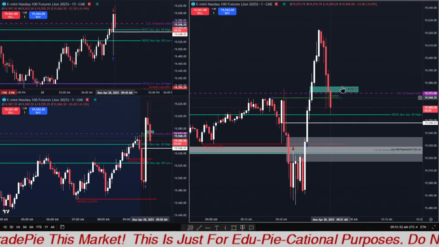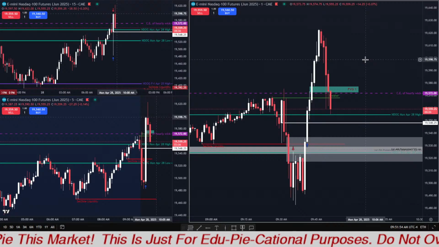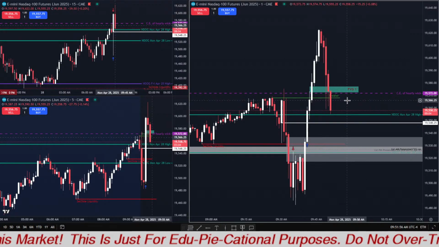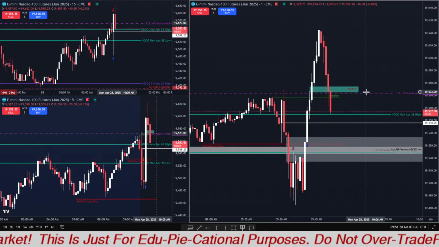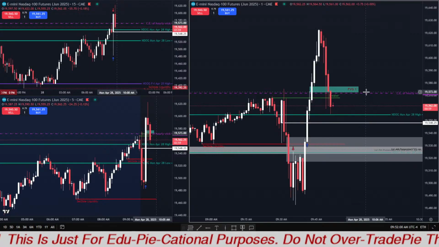I just turned it off because it was bothering me a little bit for colors. And now let's see if we close below this fair value gap.